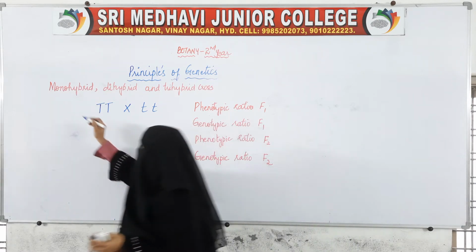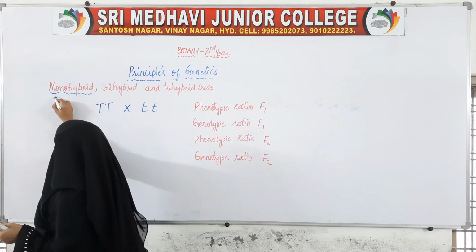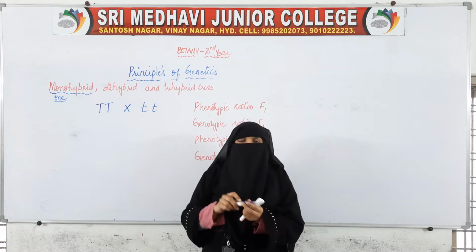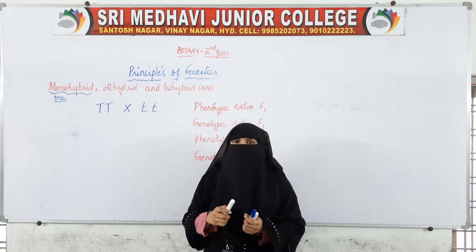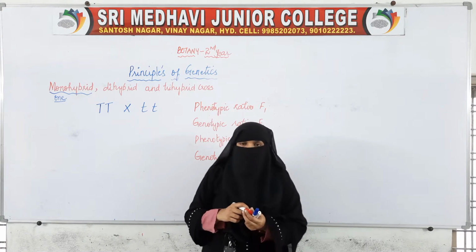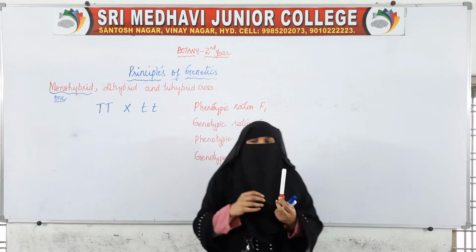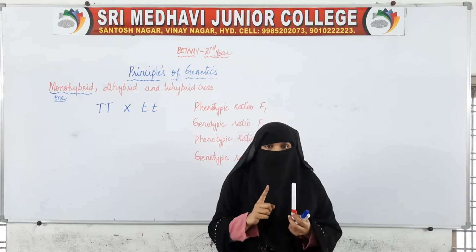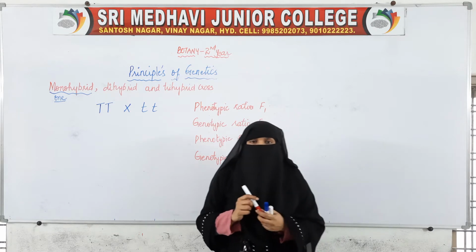Here, monohybrid cross. Mono means one. It is a cross where we are checking only one character of a plant. When we make a cross between two plants, we are checking for only one character, that is mono.